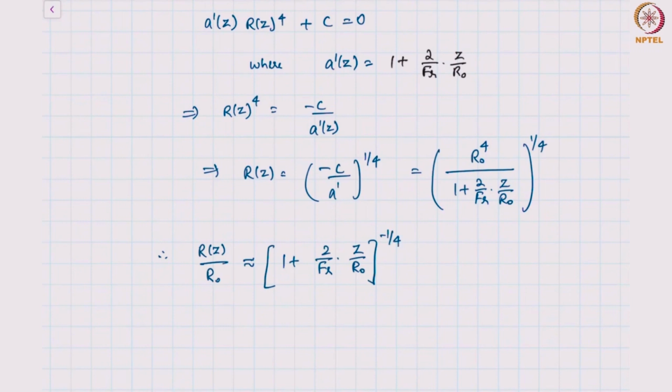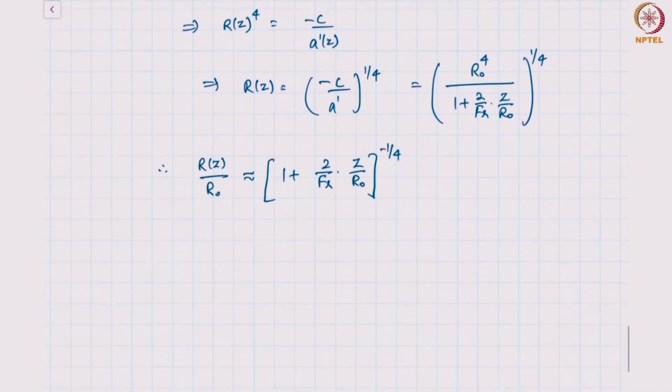So in other words, as you go down, as z is increasing, the radius of the jet is thinning in the form z power minus 1 by 4. Okay, one can also calculate the velocity in the same limit.